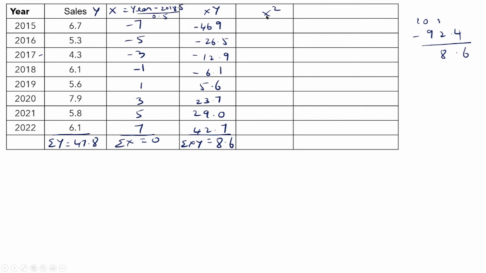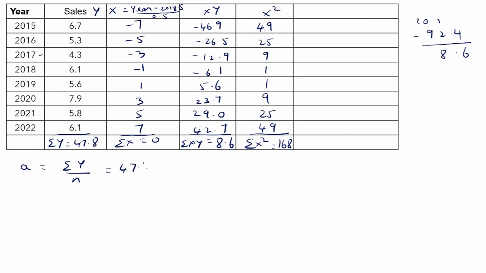Next we have x square. Minus 7 whole square 49, minus 5 whole square 25, minus 3 whole square 9, 1, 1, 9, 25, 49. Now summation x square is equal to 168. Now we have a is equal to summation y by n.